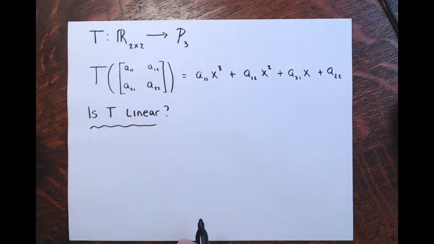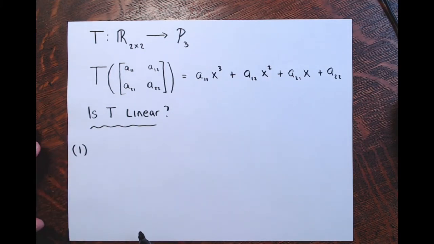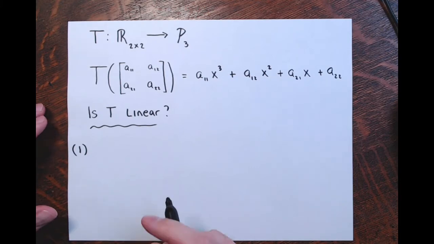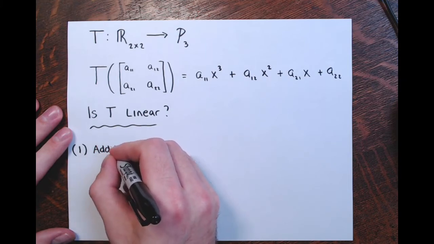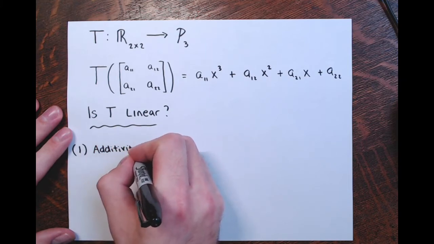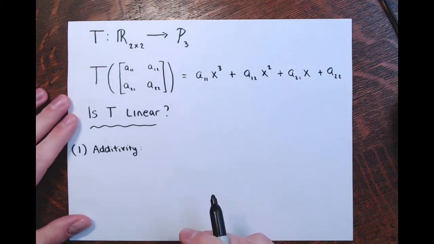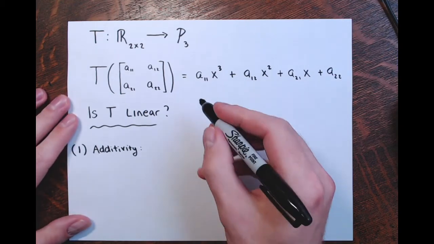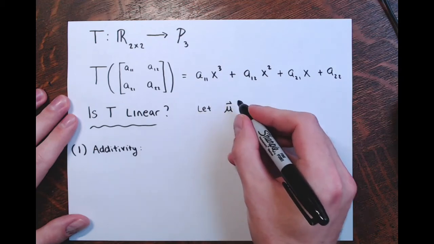So again, just like in section 7.1, we have to answer those two questions. Does it satisfy those two properties? Does the additivity property hold? In order to do this, I'm going to have my vector u.